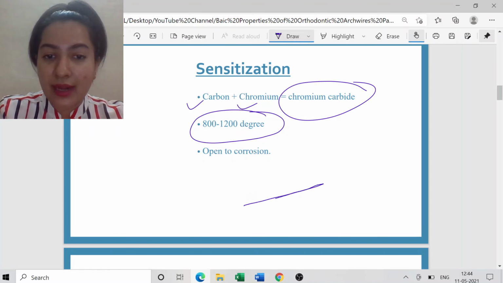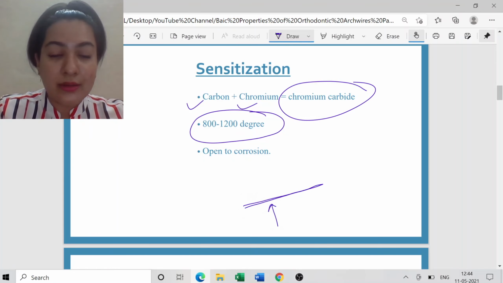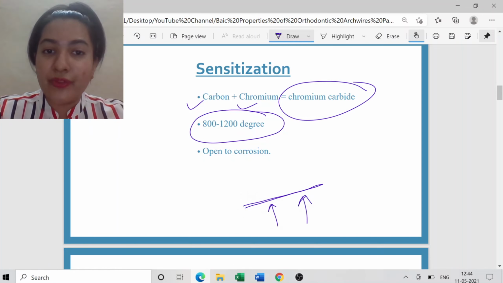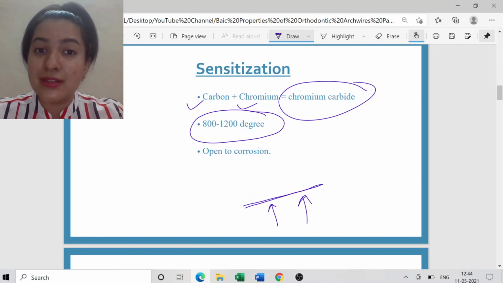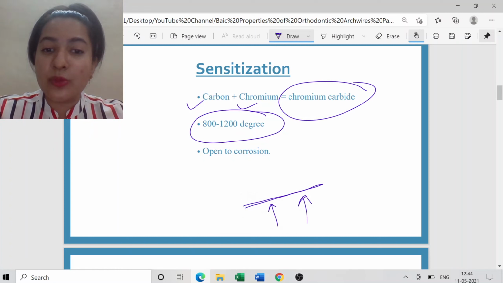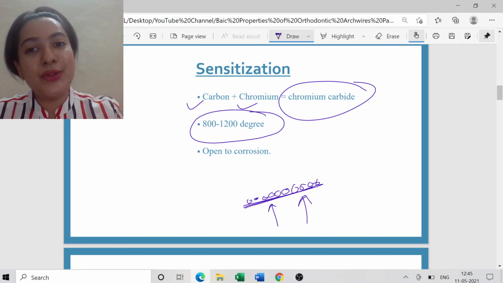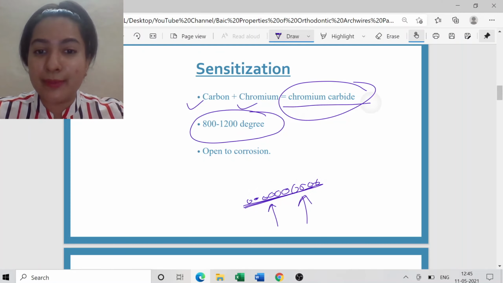If this is the wire, and I am heating it over a flame at 800 to 1200 degrees Celsius, the carbon and chromium present in the wire get accumulated onto the surface. And what is this? Chromium carbide is formed. So carbon and chromium react together and lead to the formation of chromium carbide.